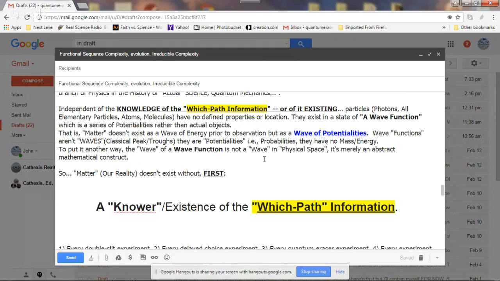They are potentialities. That is, probabilities. They have no mass energy. You can't give me a wavelength and a frequency of a wave function. To put it another way, the wave of a wave function is not a wave in physical space. It's merely an abstract mathematical construct. We went over that in past presentations.